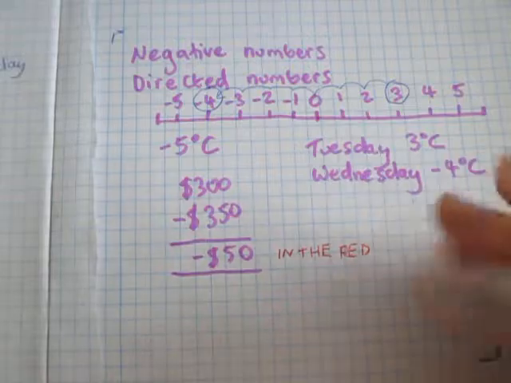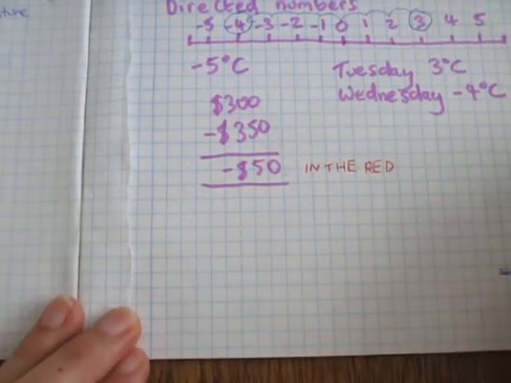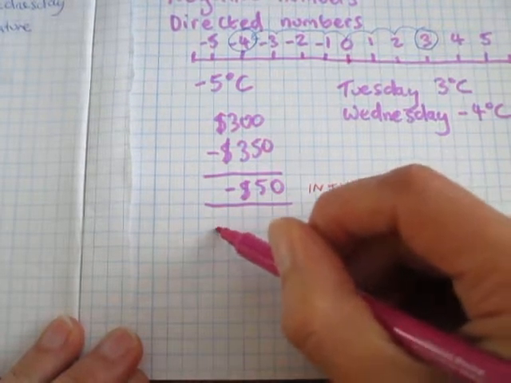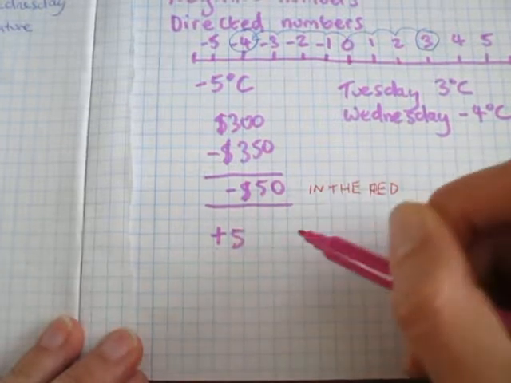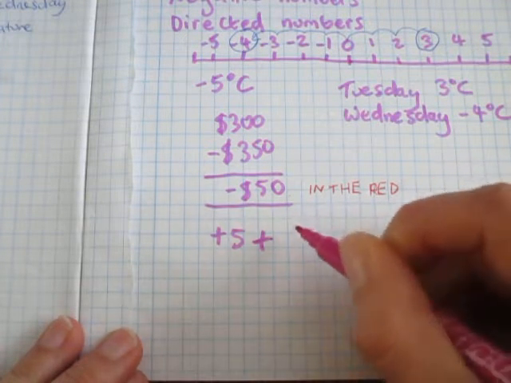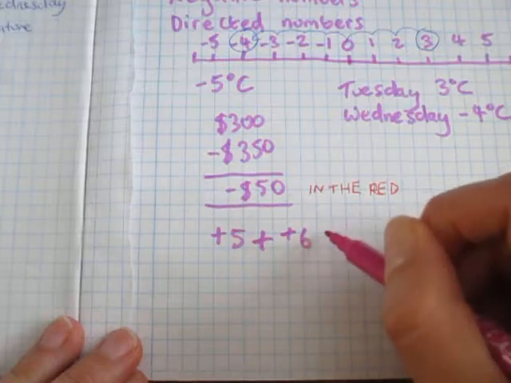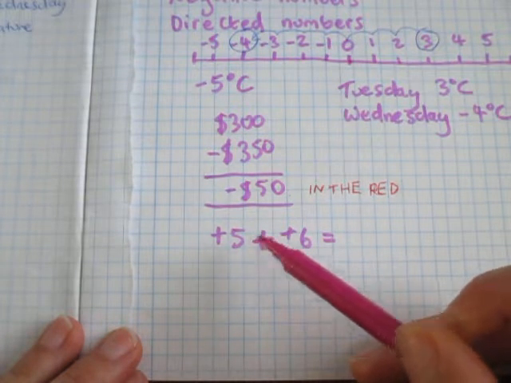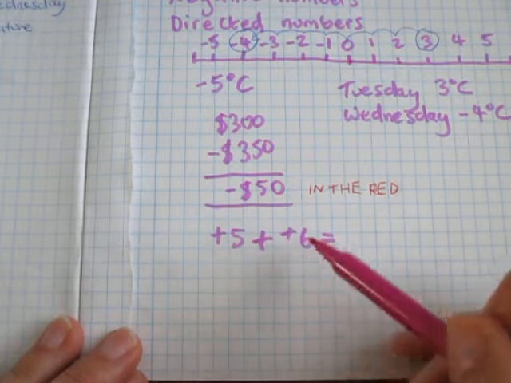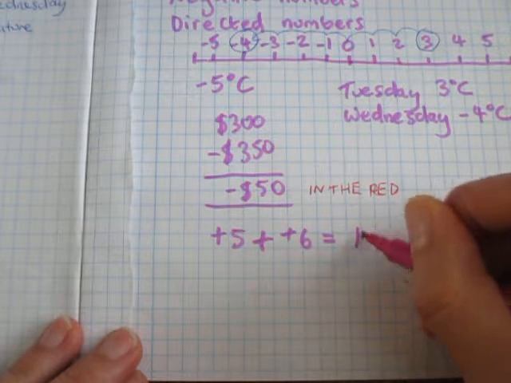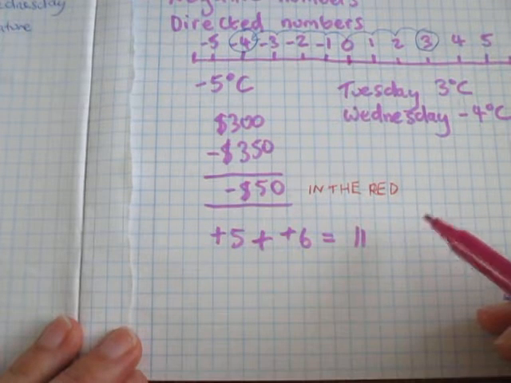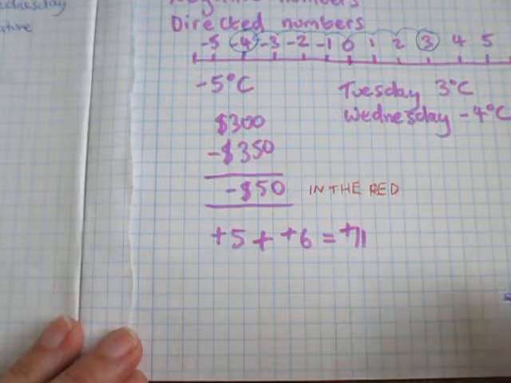So if we have, let's say we've got +5 plus +6. We just add them as we normally would. So 5 plus 6 gives us 11, and because they both have a positive, it's going to be +11.